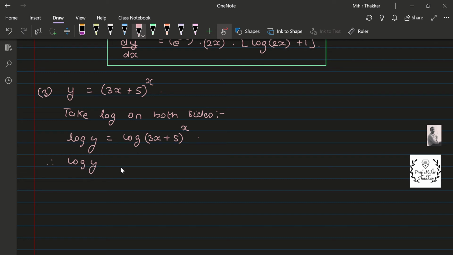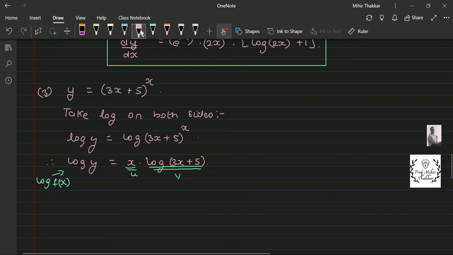So log y is equal to x into log of 3x plus 5. Once again, this becomes your value of u, this entire term becomes your value of v, and this becomes log f x.